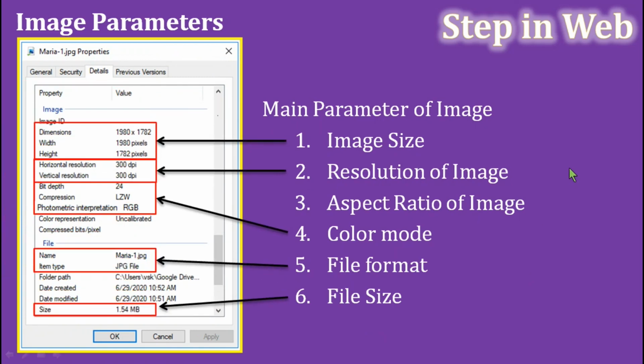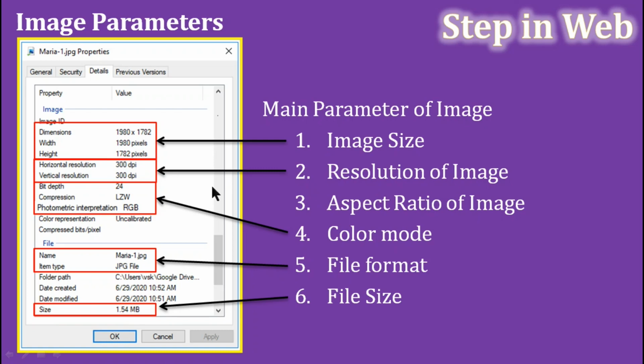In this video, we are going to see the following main parameters about the image: image size, resolution, aspect ratio, color mode, file format, and file size. In the property window, you see the image size dimension is 1980 by 1782: width is 1980 pixels and height is 1782 pixels.